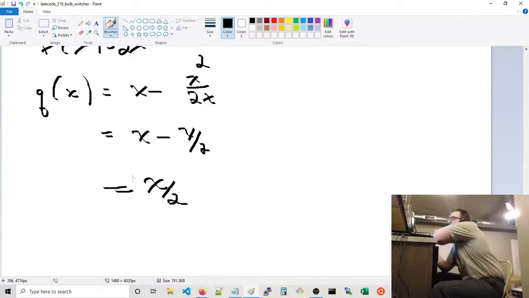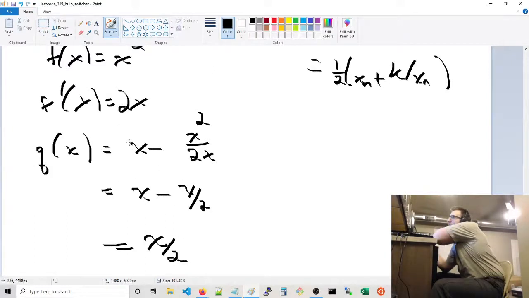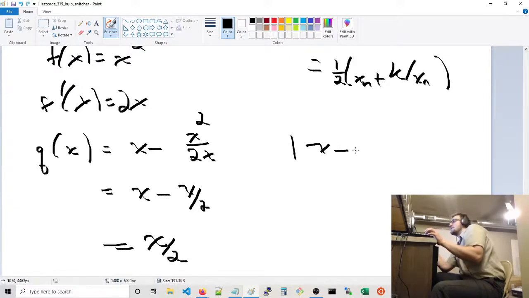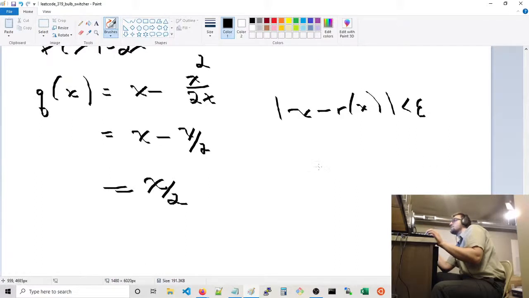Which is pretty funny because finding the root, you never actually get to 0. You get very close to 0. You get within epsilon, or within x minus r of x, the root of x.